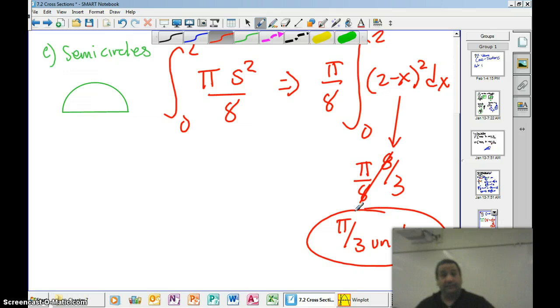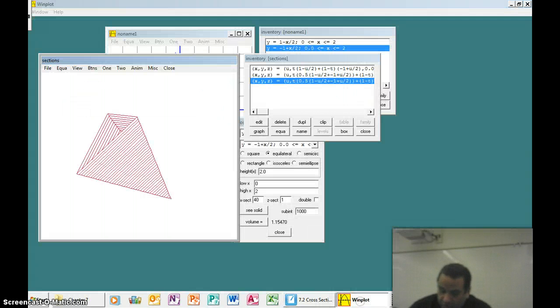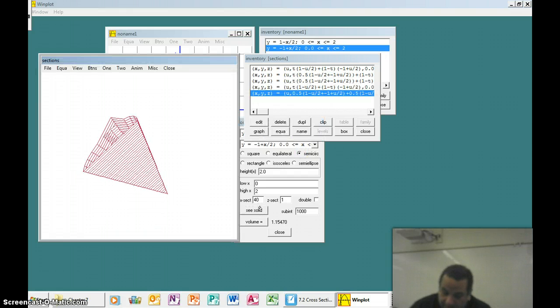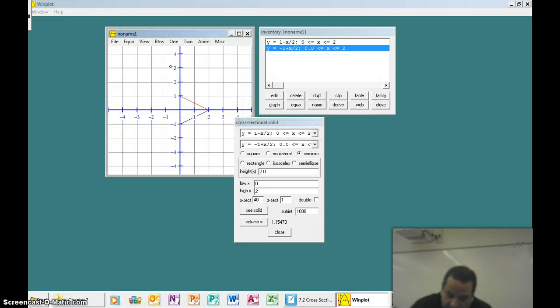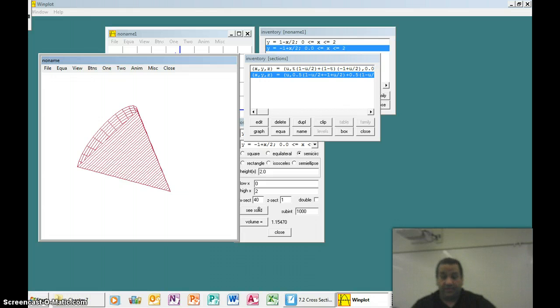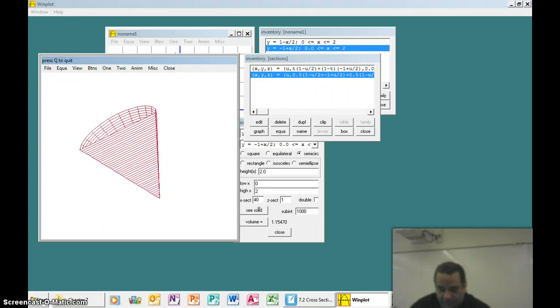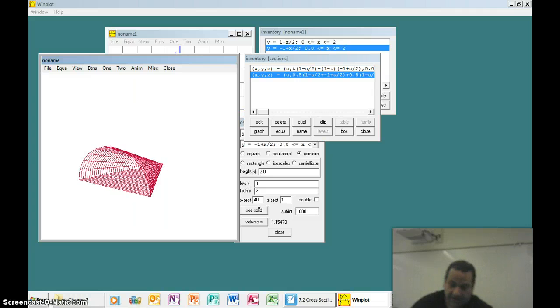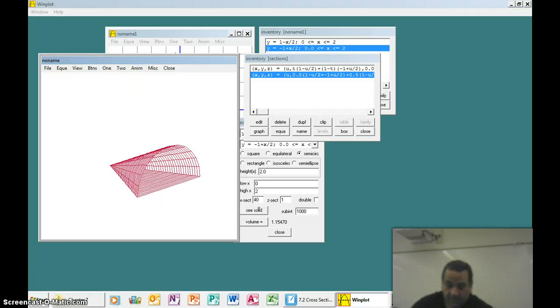Folks, that's it. Let me show you on the plot what it might look like. If I made it semicircles instead of equilaterals, here's your semicircles. Let's go C solid. Let's get rid of this. Let's close that out. Let's do semicircles and C solid. Here it is. There's the base, okay? But as you can see, if I rotate it this way, it's semicircles that now are making the volume. You see it?